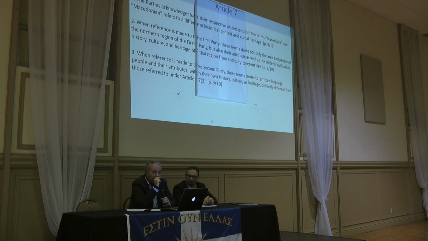But for FYROM, they mention with their own history, culture, and heritage. So the problem is, what is this history? Because they don't put their own history for Greece, but only for FYROM.